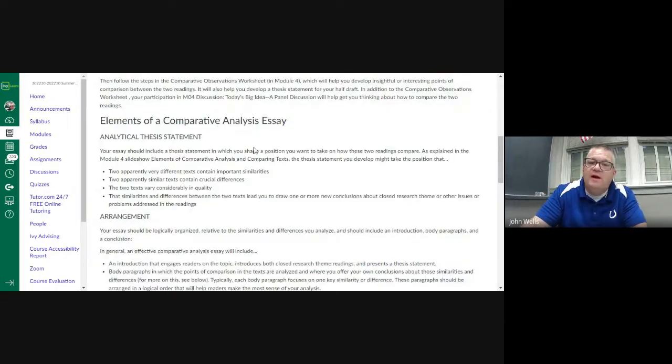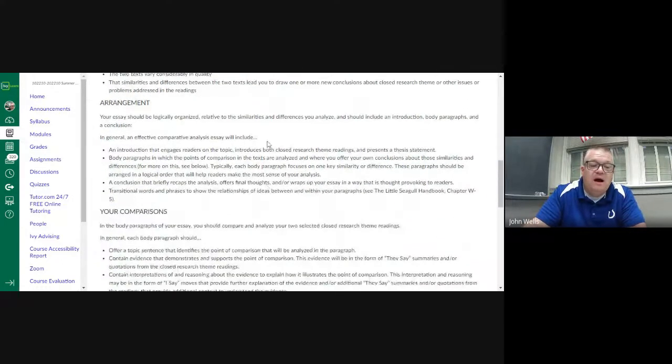So it does walk you through how to do this essay. We start off with a really strong analytical thesis statement. The arrangement, there's some latitude in how you do this. Generally speaking, you give a really quick overview of number one, a really quick overview of number two, you identify a key, significant, important similarity or difference, and then you analyze that.